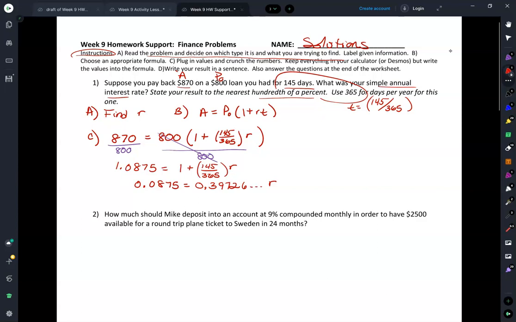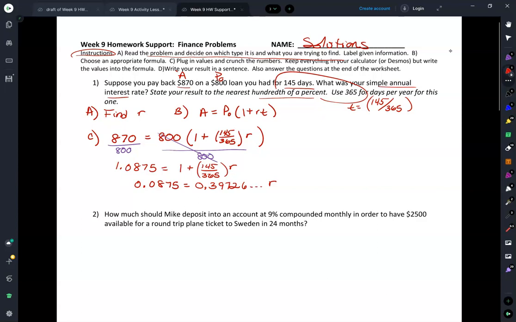I'm going to hit 0.0875 and then the division button, divided by, and then I'm going to hit the second function, usually in the upper left of your calculator, and then the answer button, which is just above your negative, kind of down by your enter symbol in the lower right.